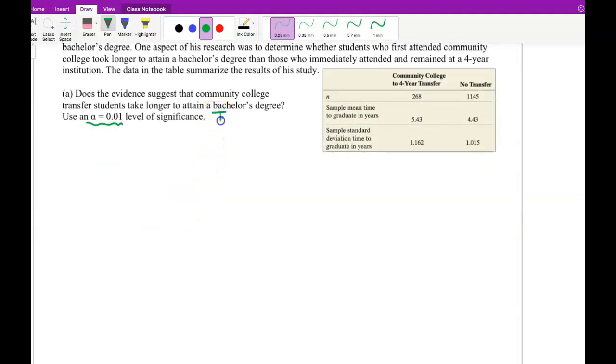So we need to test. Hypothesis testing, step 1: null and alternative. For the first group we have community college, so I'm using CC for community college, and this is equal to the second group, no transfer, so I'm using NT.